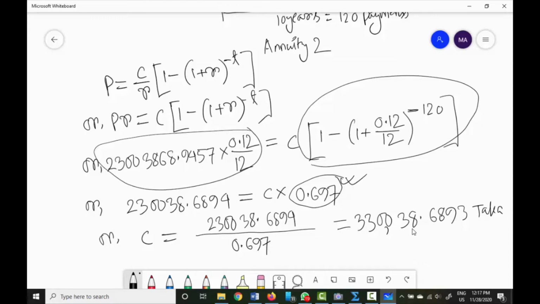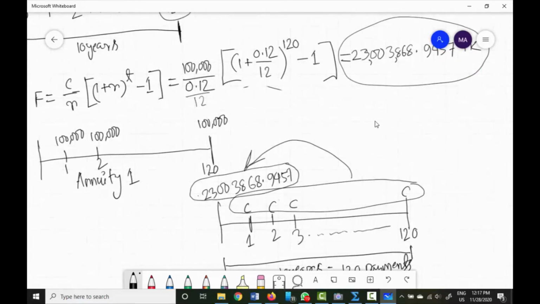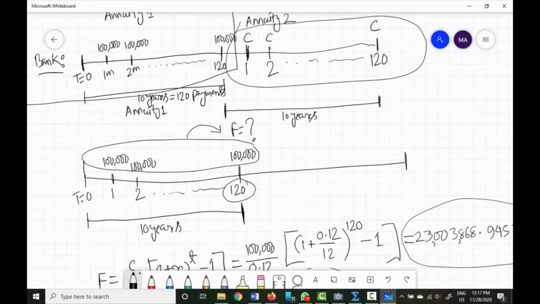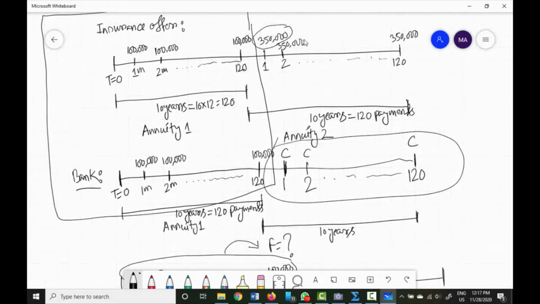But the insurance company offered you 350,000 taka. So it is clear that the insurance offer is much better.